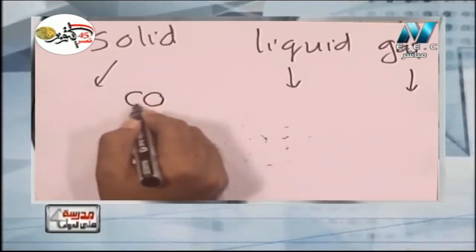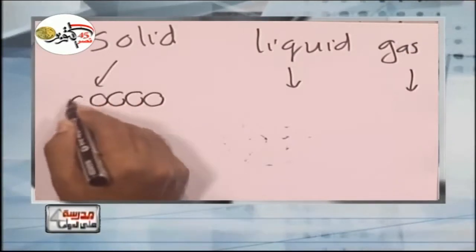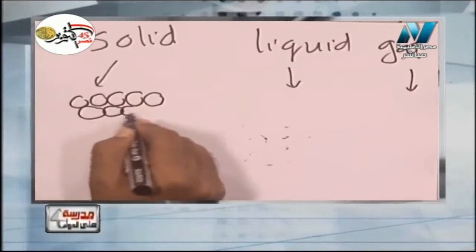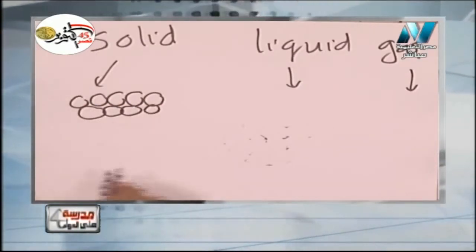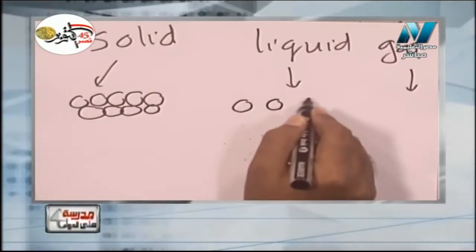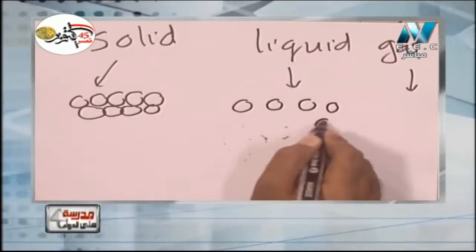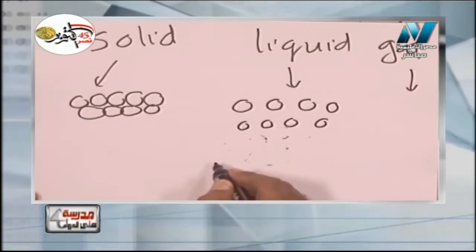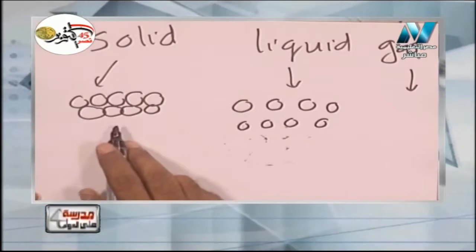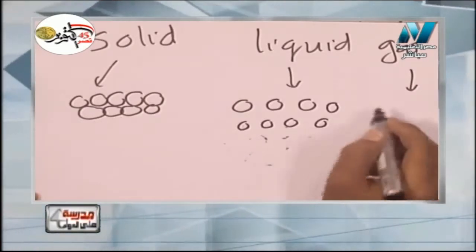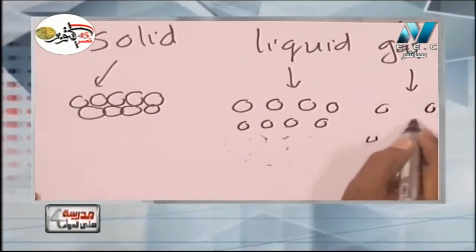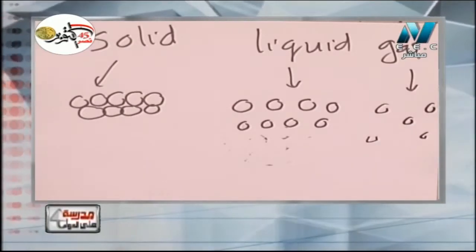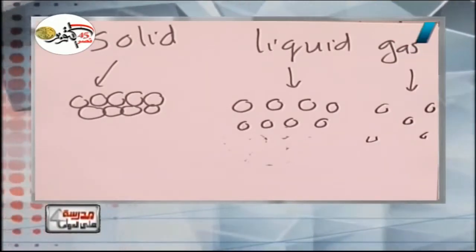Solid state consists of molecules, and these molecules are close together. Liquid state consists of molecules that are not close together as in the solid state. And in gaseous state, the molecules are very far away from each other.